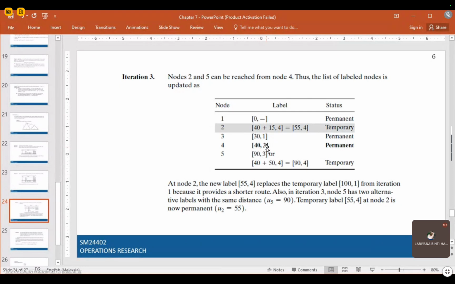So in iteration 3, node 2 and 5 can be reached from node 4. Thus, the list of labeled nodes is updated as this one.